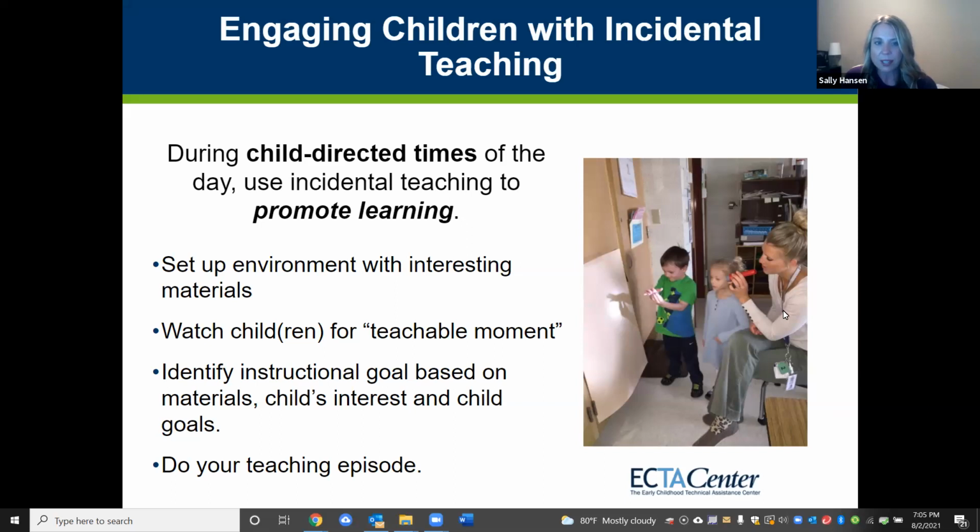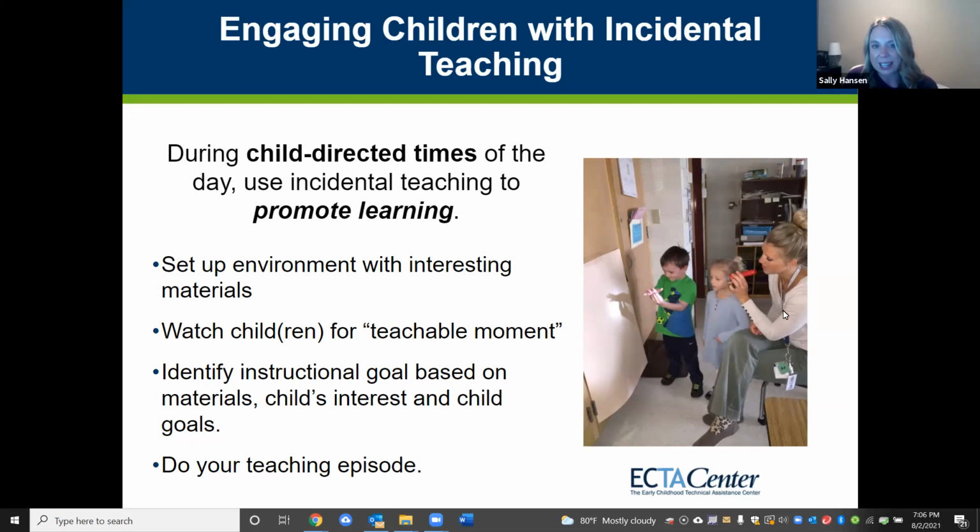The thing that might be slightly different in an incidental teaching episode is that we're matching that teachable moment to the child's specific goals. So if I happen to know that Louise already knows all the colors and is very well versed in sizes, it really isn't a great teachable moment to ask her to pass me the blue spoon because she's known blue for a really long time.